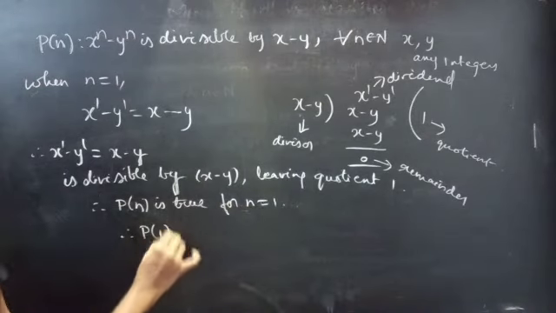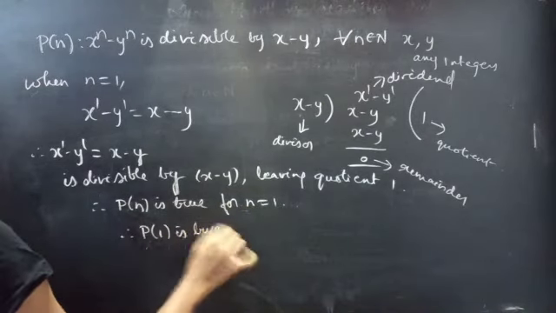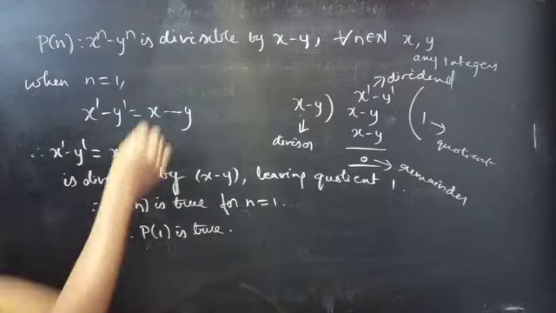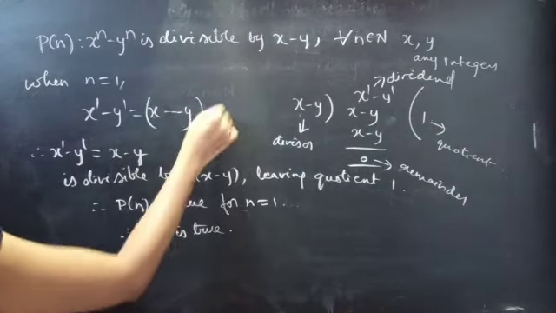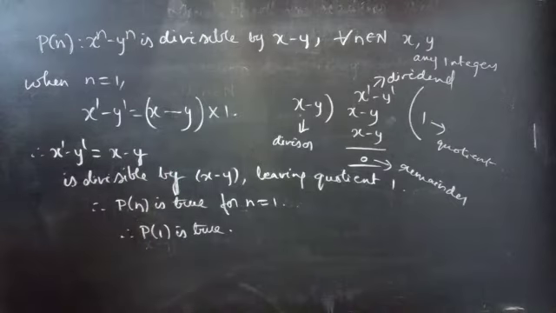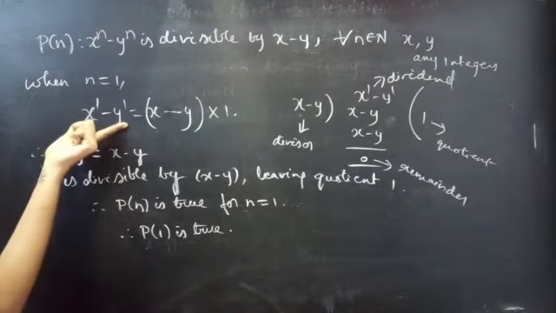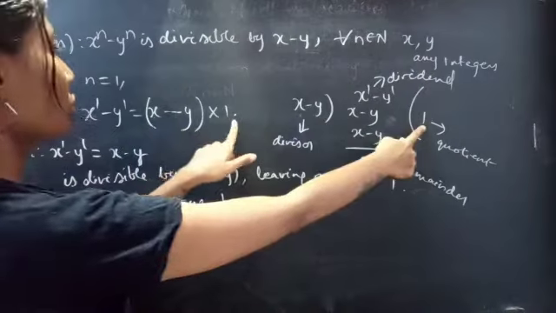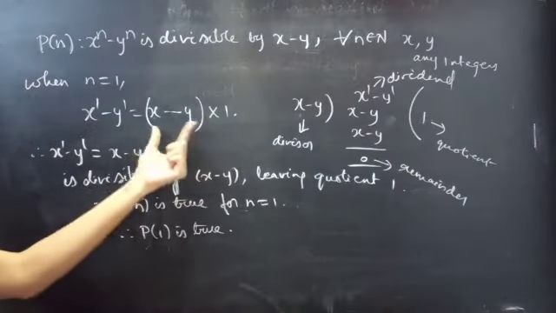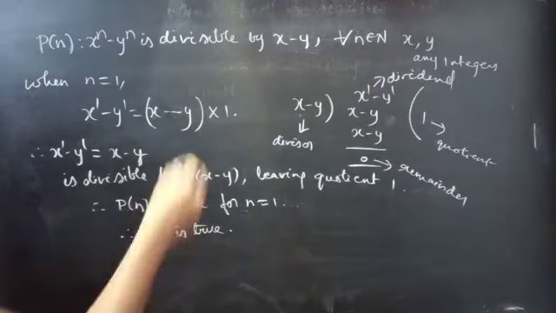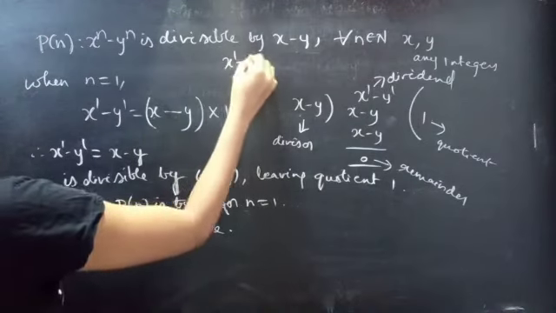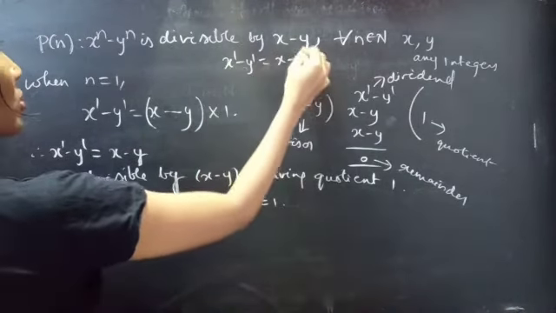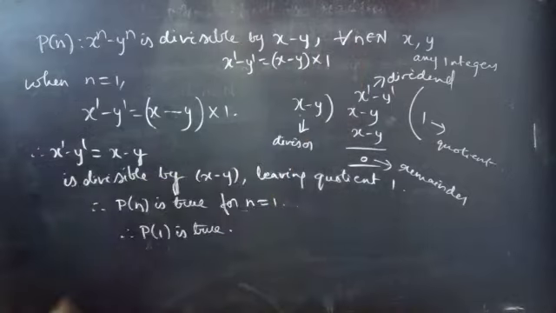Therefore, P of 1 is true. So you can write this x minus y as x minus y into quotient 1. Dividend equals to divisor into quotient. And also this is a multiple of x minus y. So we have x power 1 minus y power 1 equals to x minus y into 1.